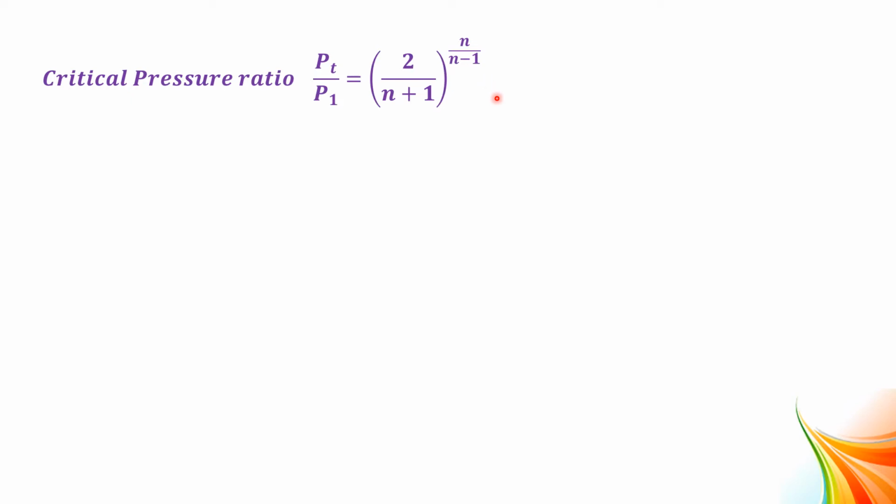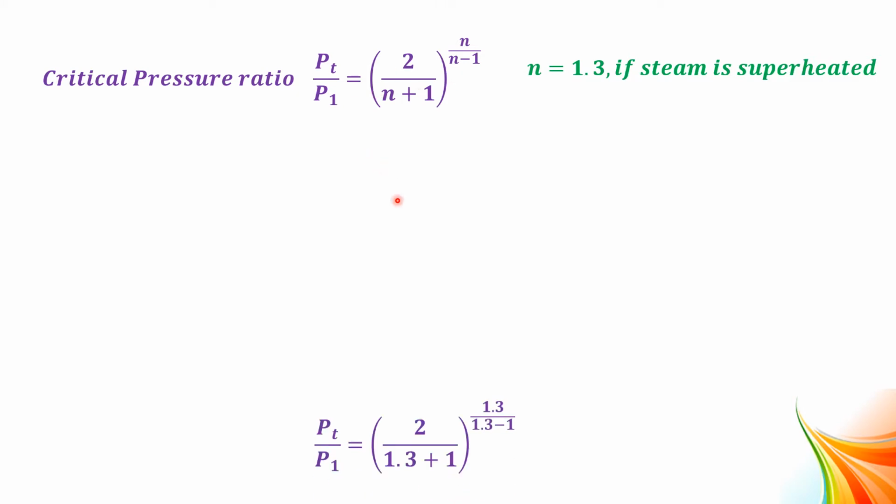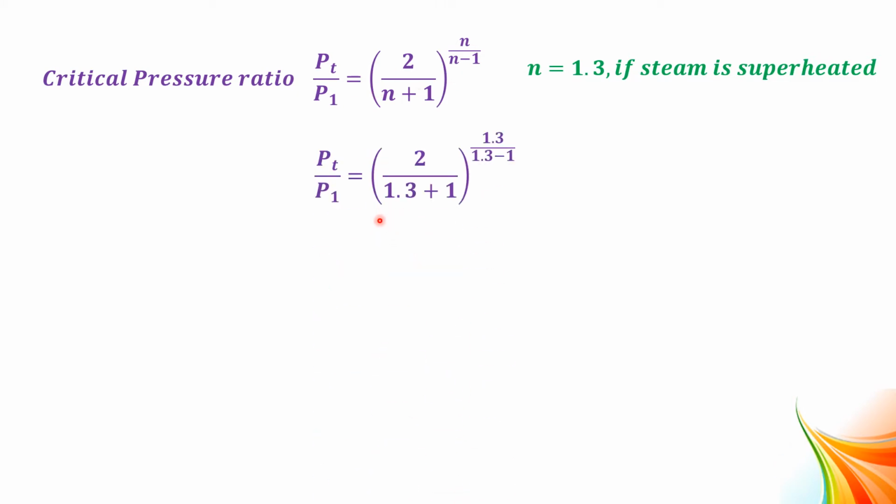Here the value of n equal to 1.3 because the steam is in superheated condition at the inlet of the nozzle. Substituting n equal to 1.3 in this equation, we get Pt by P1 equal to 0.546.